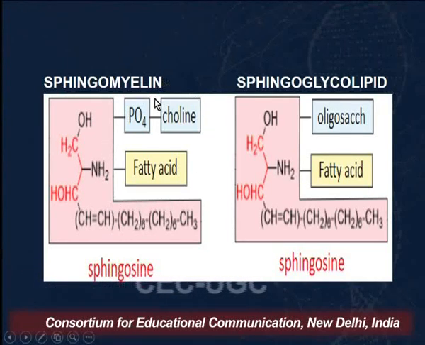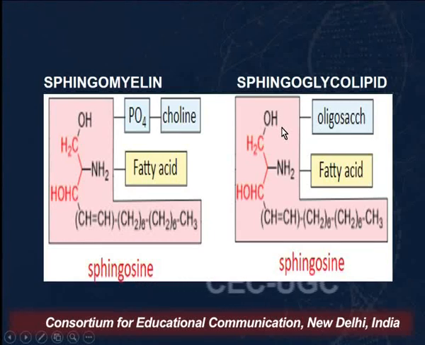But in sphingomyelin, the OH is attached to a phosphate group and a choline. So we have an amino alcohol here. Whereas when we look into glycosphingolipid, what we'll find is that this H, or I'll rather say R1, will be replaced by an R1 group, which will be a monosaccharide or an oligosaccharide.